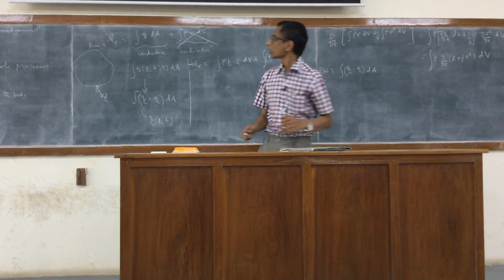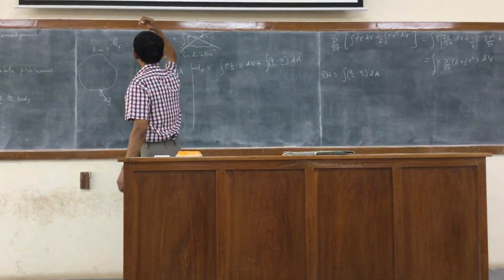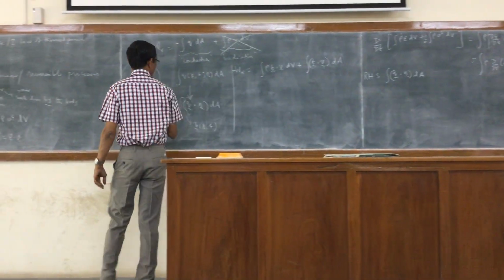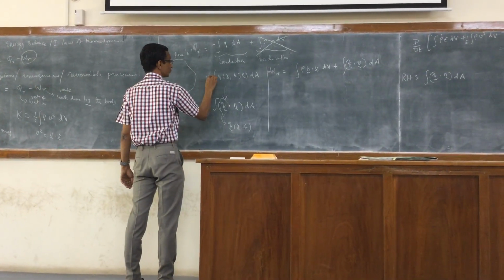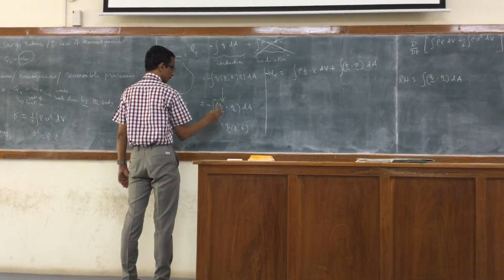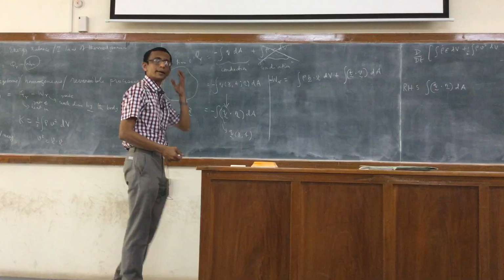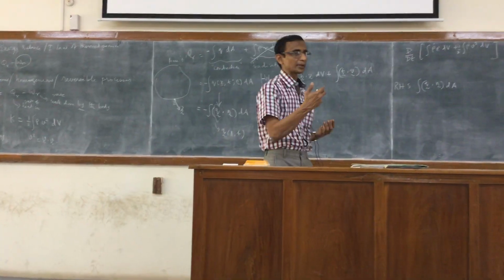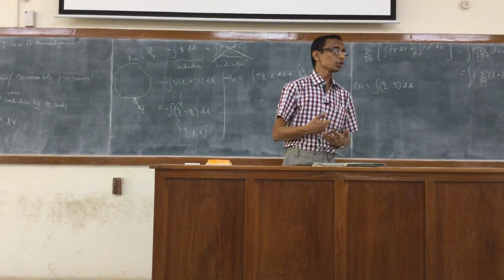Actually qR must be minus, so minus q dot n, because this q dotted with n is actually going to give me the net rate of heat transfer out of the body.